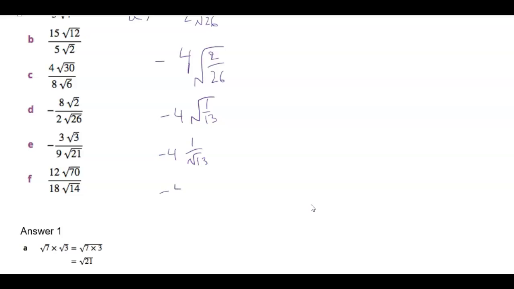So that would actually become negative 4 over root 13. So there's all different ways of doing it, but again, we wouldn't leave the denominator as a square root or a surd. But I'll leave that there for now because the textbook has said that's the final answer, but you can see you can keep simplifying it.